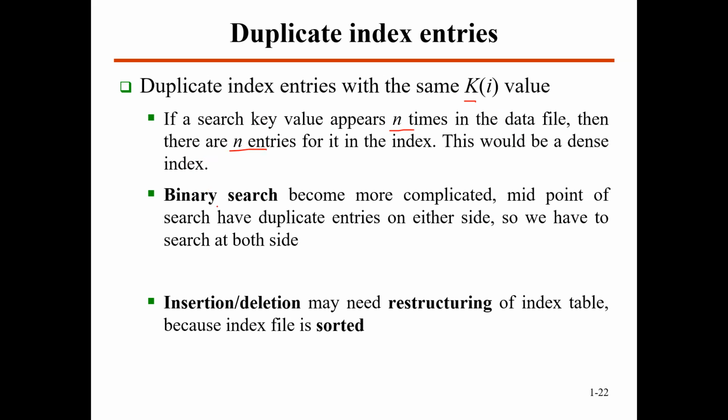So binary search can become more complicated because the mid value can also have duplicates on either side, so we have to search both sides. Insertion may need a reconstruction of the index table because the index file is sorted.